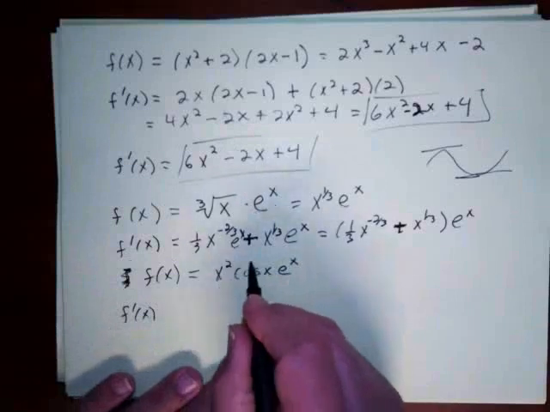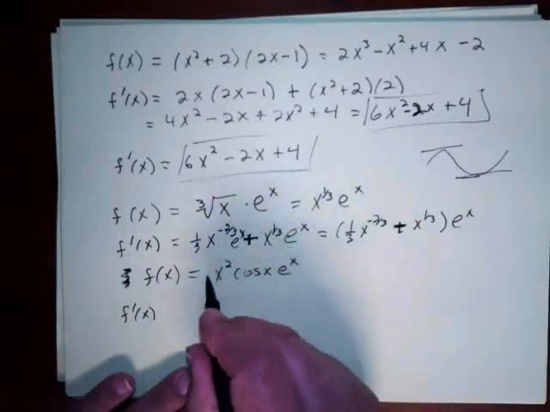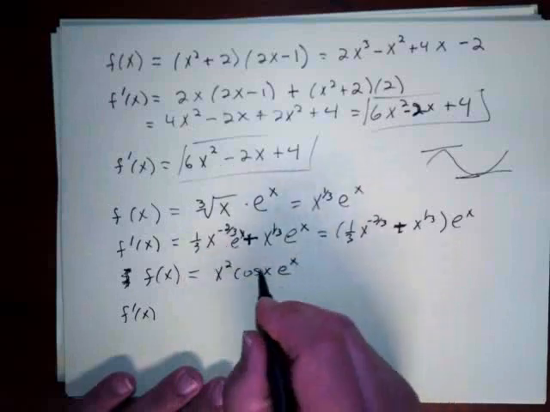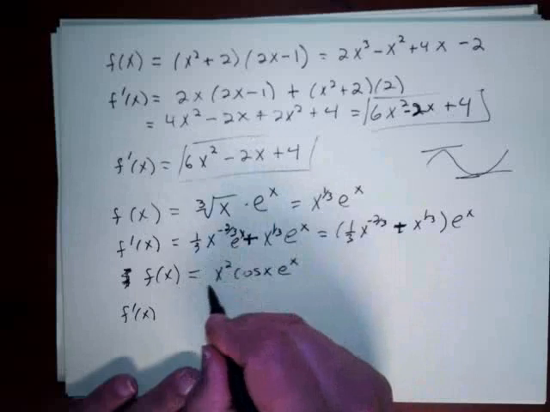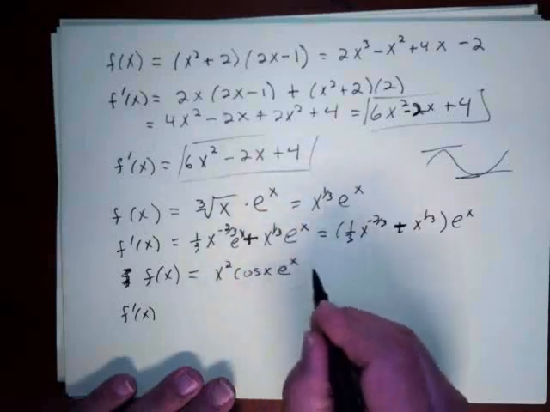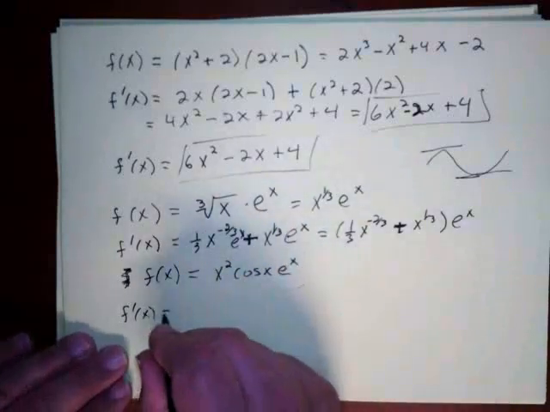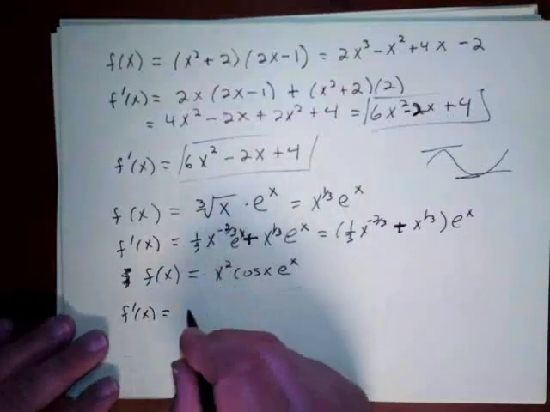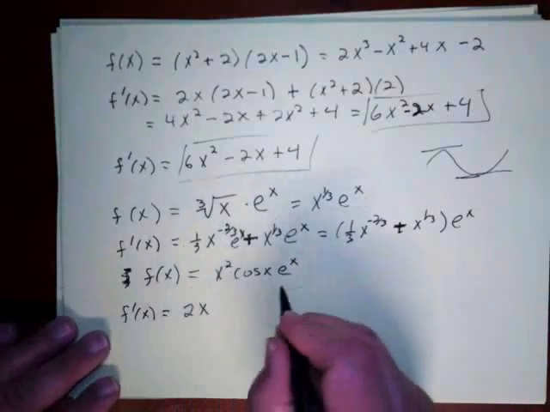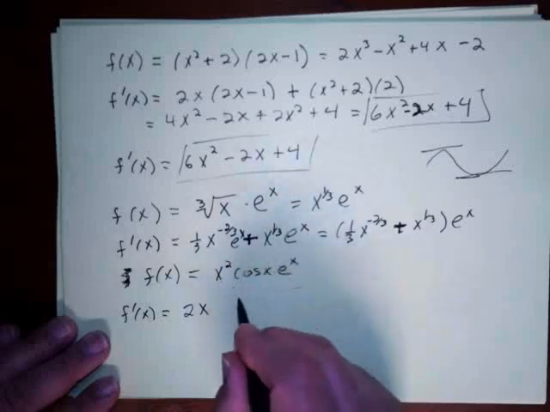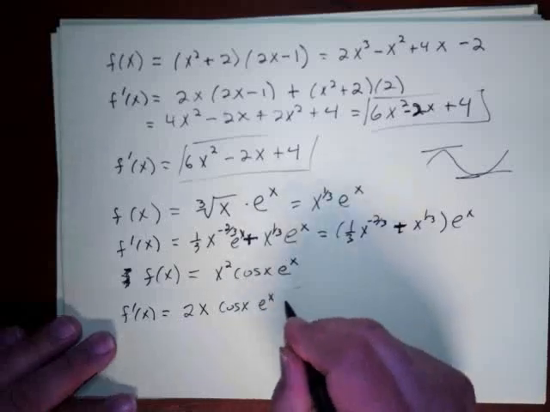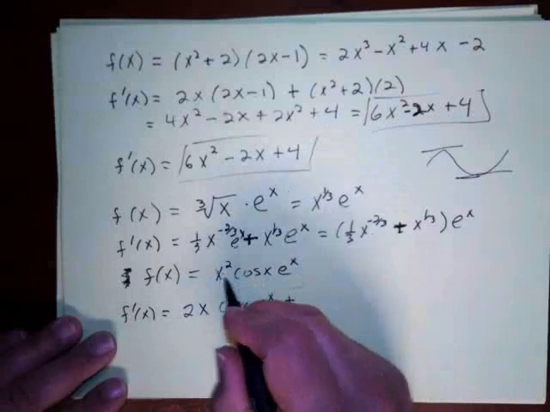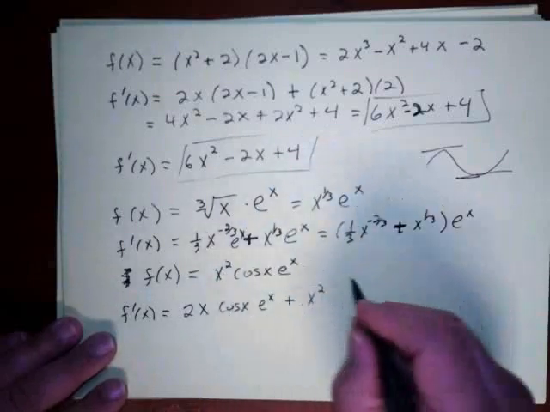What I need to do is have two of these together. It doesn't matter. I could do these two and then e to the x, or I could do x squared and these two. So let me do x squared as one function and this as another function. I'm going to take the derivative of x squared and get 2x times this whole thing, so that'd be cosine x e to the x. Then plus this function, x squared, times the derivative of that.